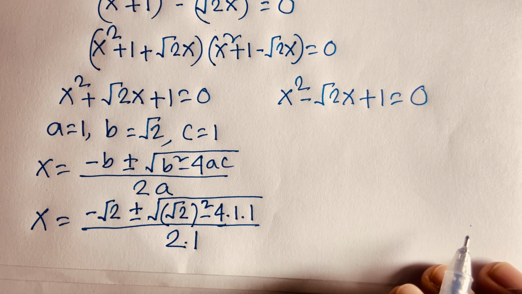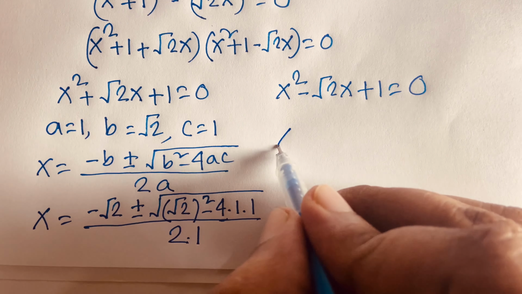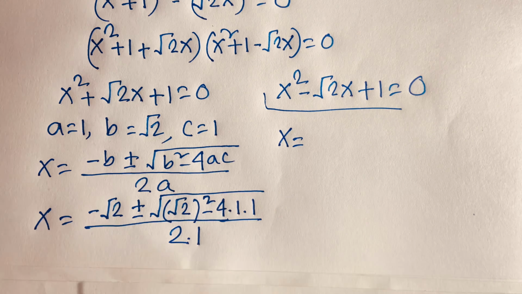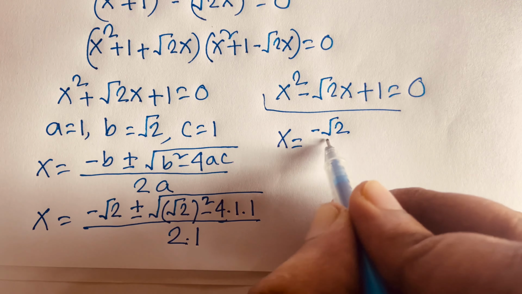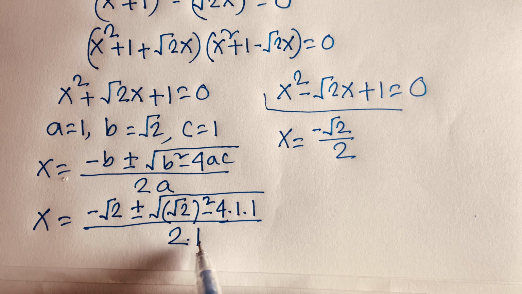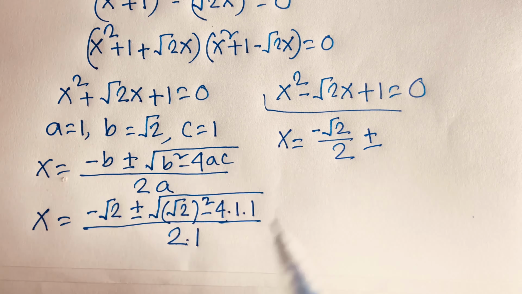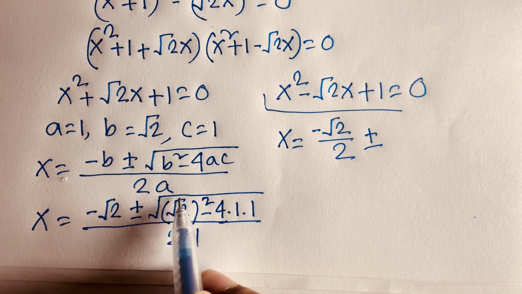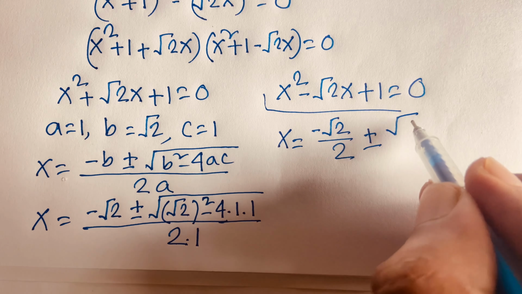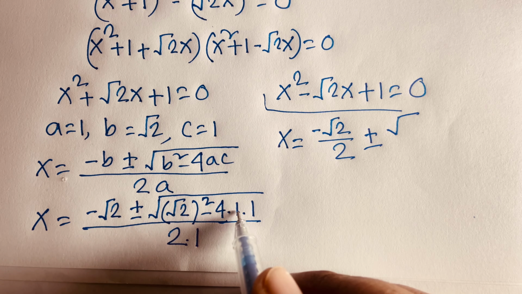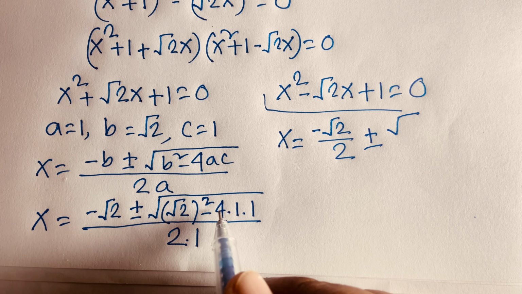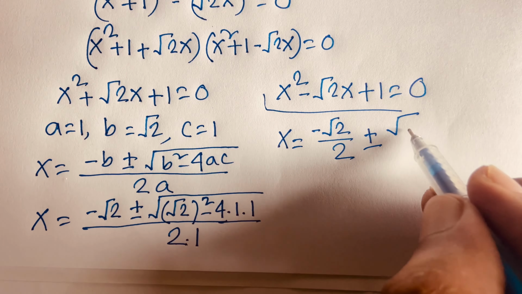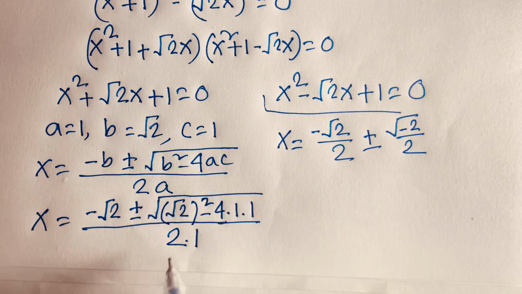Then x = −√2 over 2, this 2 times 1 it will be 2, and in this case I can say ±, square root of 4 times 1 times 1 it will be 4 and the square root is cancelled, so here is 2, so 2 − 4 it will be −2 over this 2.